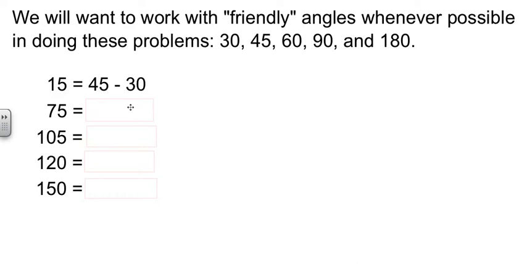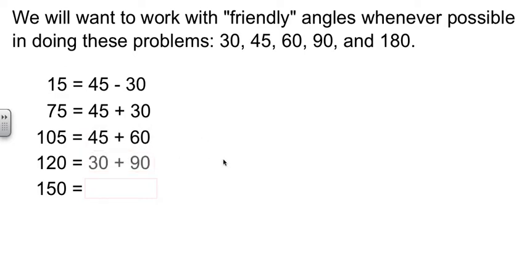75 I can write as 45 plus 30. 105 I could write as 45 plus 60. 120 I could do as 30 plus 90, or I could do 60 plus 60 if I wanted to. And 150 I could do something like 60 plus 90, or I could do 180 minus 30.